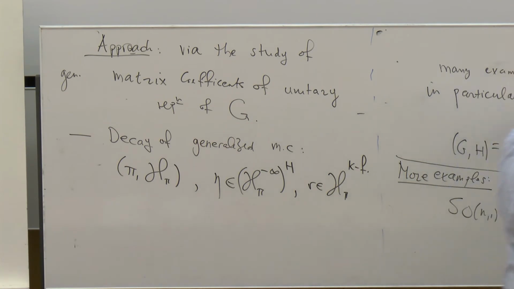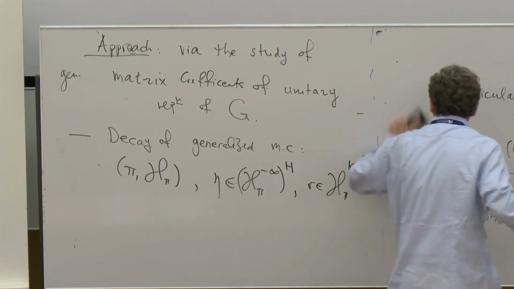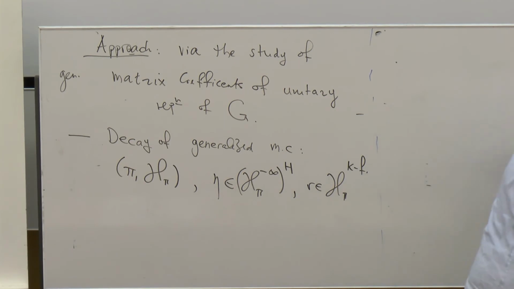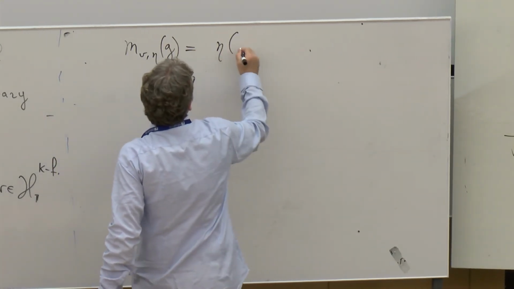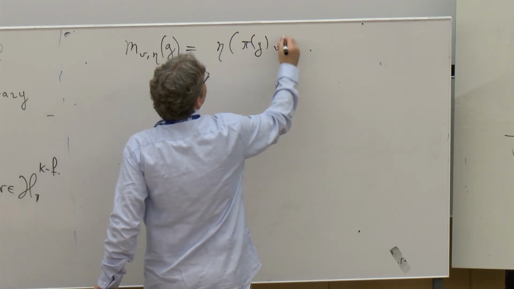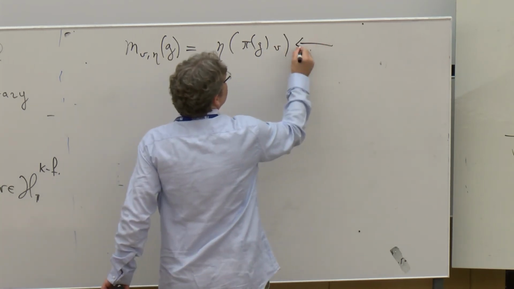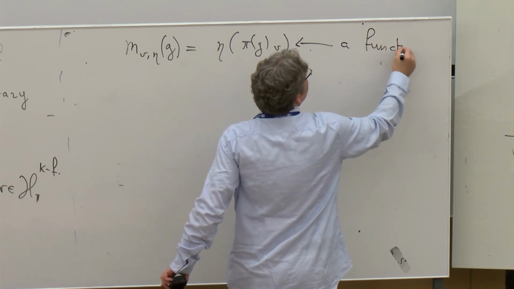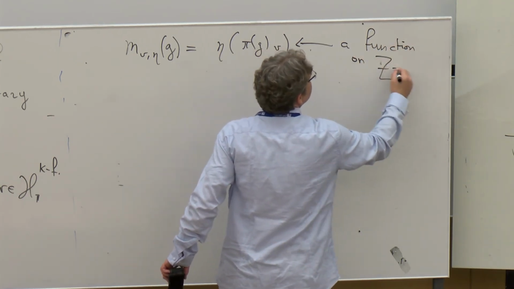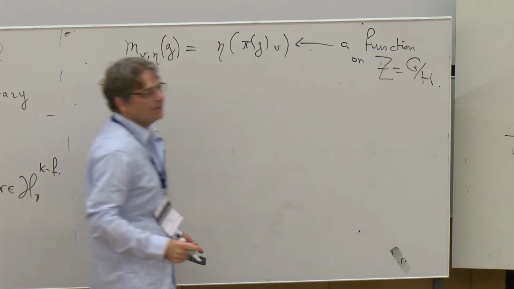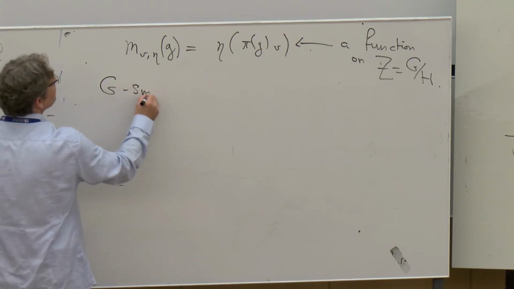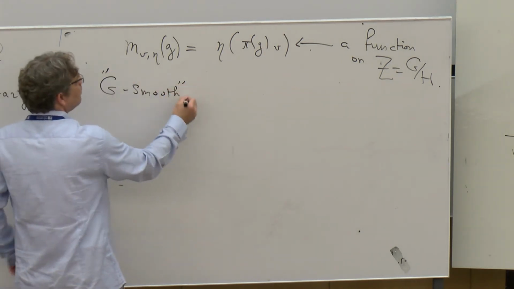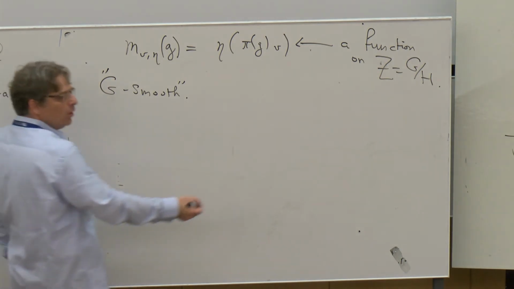Then one writes a function on G which descends to the space Z. The function is the standard one: m v eta of g equals eta of pi of g inverse of v. So this is a function on Z, and this function is really a smooth function. It is G-smooth, so it means that it belongs to a space.